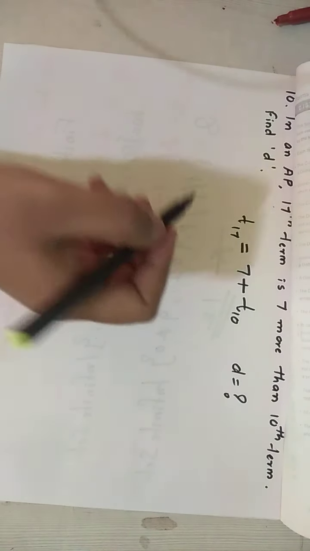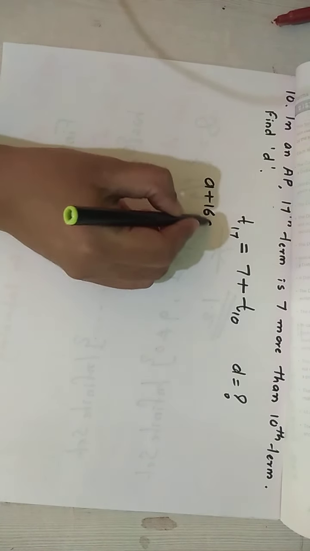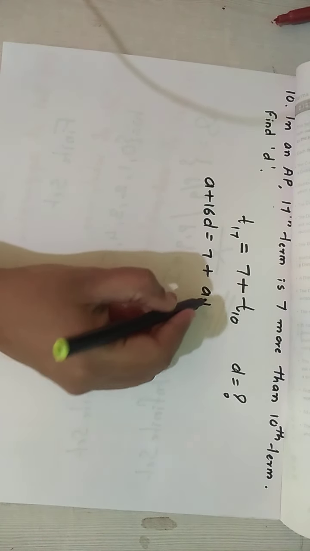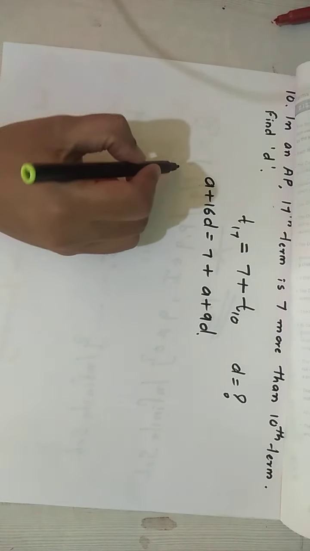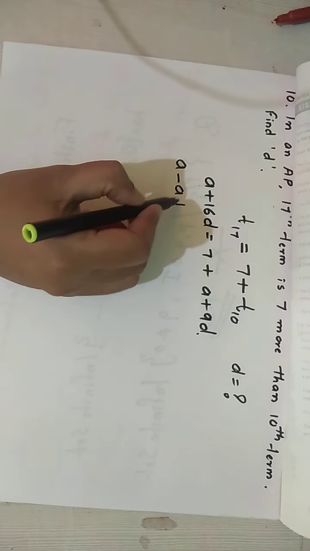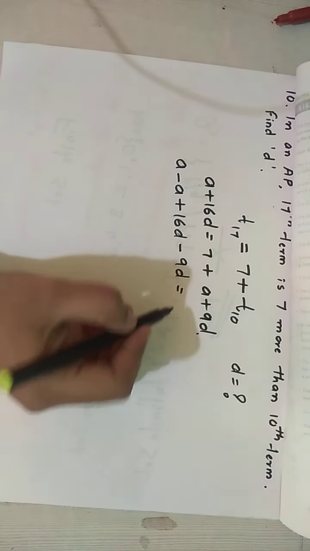So let's substitute according to the formula. T17 will be a plus 16d equals 7 plus T10, which will be a plus 9d. a, both will come on the same side. a comes here, it will become minus a. 9d comes over here, it will become minus 9d. And what remains on the other side?